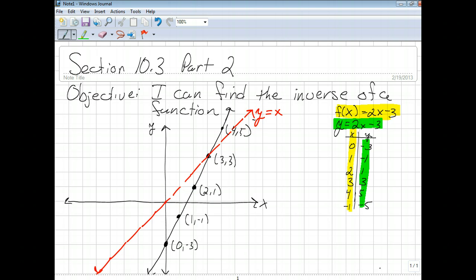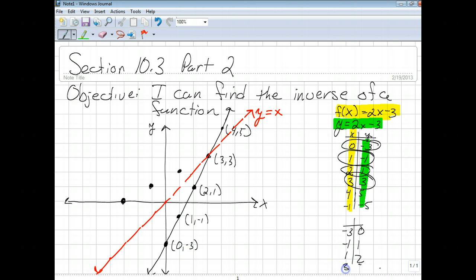Now notice what happens when I merely switch the x's and the y's. If I take my in and out chart and make the y's into x's and the x's into y's, this point becomes (-3, 0), this point becomes (-1, 1), this one becomes (1, 2), etc. So (-3, 0) is right here. (-1, 1) is right here. (1, 2) is right here.